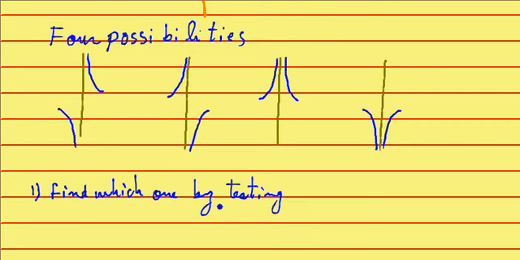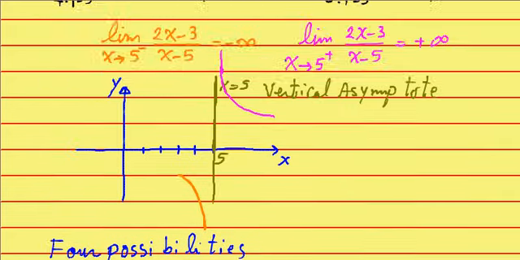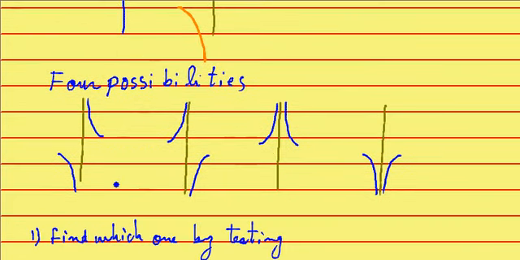Well, if you want to advance the mathematics, you want to understand a little bit more as to what happened that caused these different types of behaviors. So let's write down the formula that we had. The example here was 2x minus 3 over x minus 5.